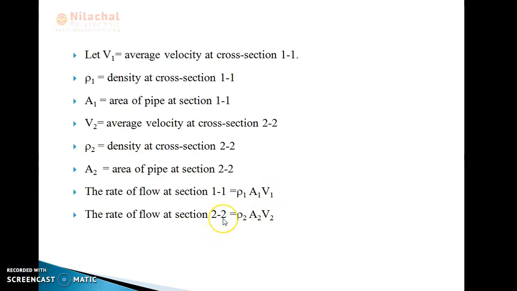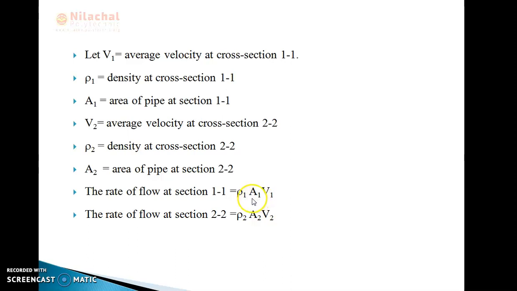All of you know that density is equal to mass by volume. Mass is equal to density into volume. Here you are calculating the rate of mass or m dot. So m dot is equal to density into area into velocity.